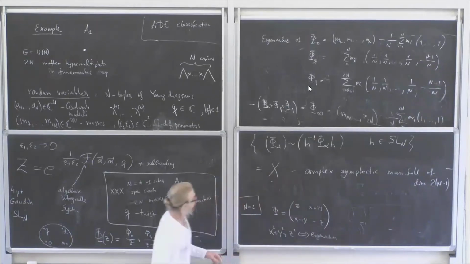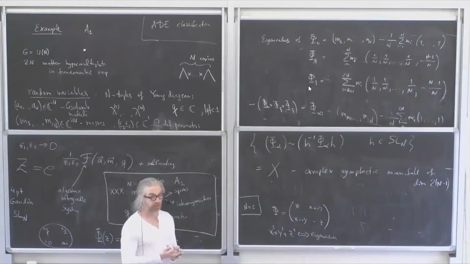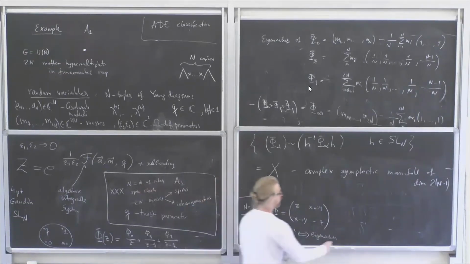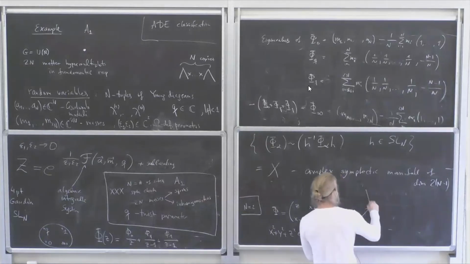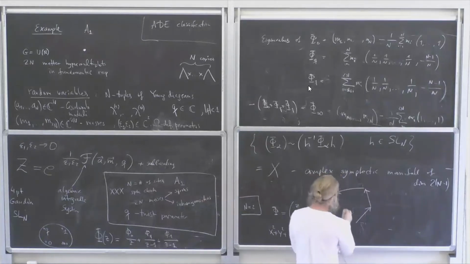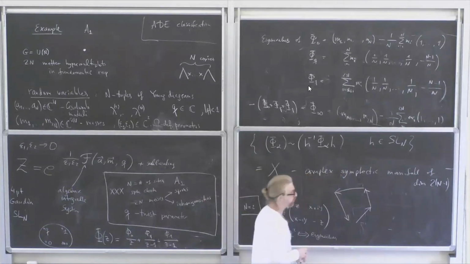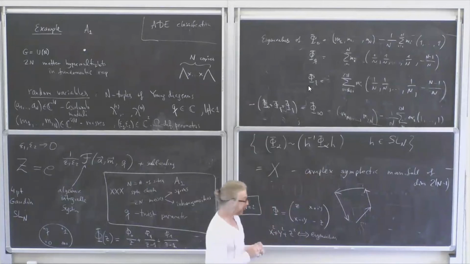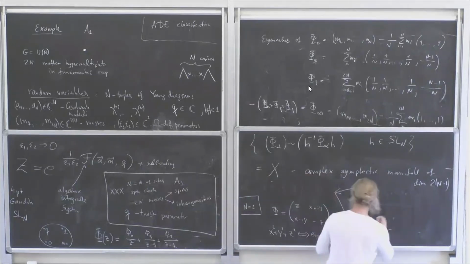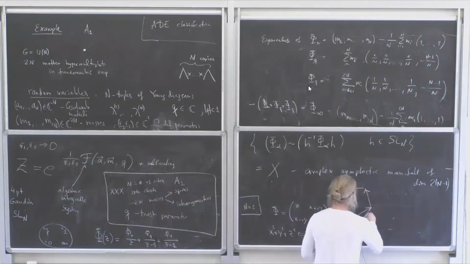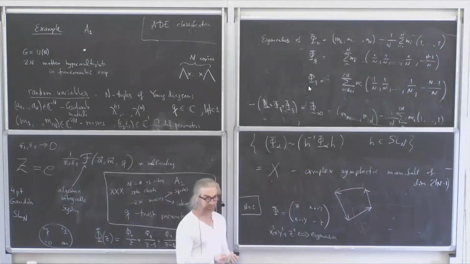So having 4 matrices whose eigenvalues are known is like having 4 vectors in a 3-dimensional space whose lengths you fix, but the condition that they sum to 0 means that you can form a closed polygon.